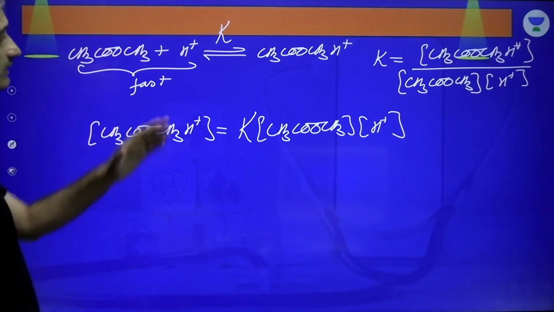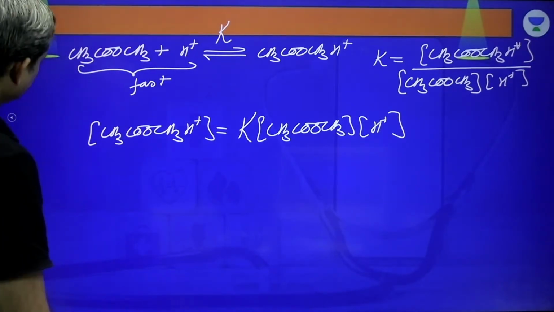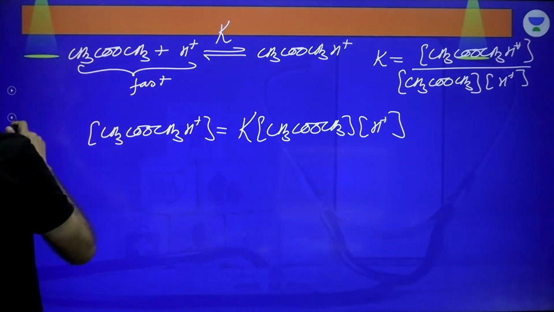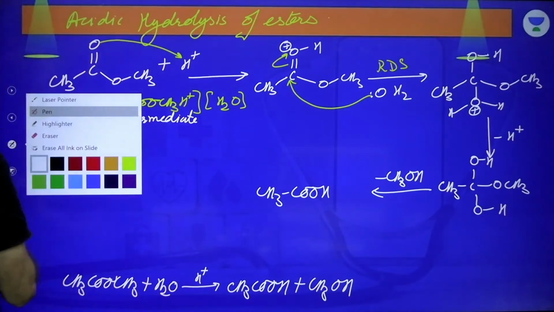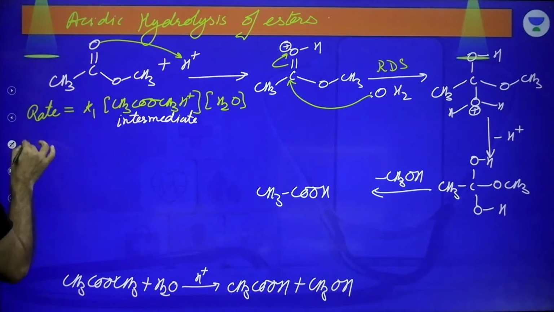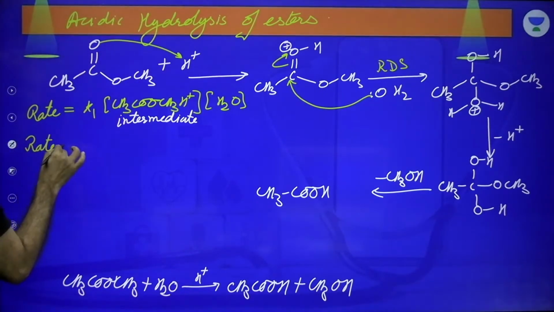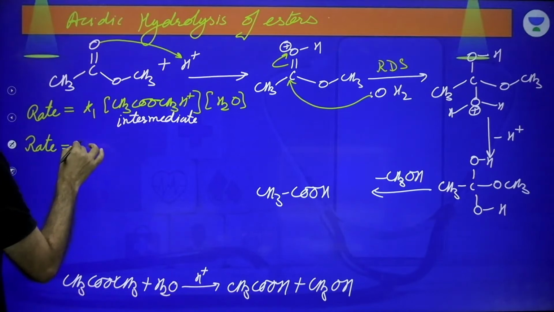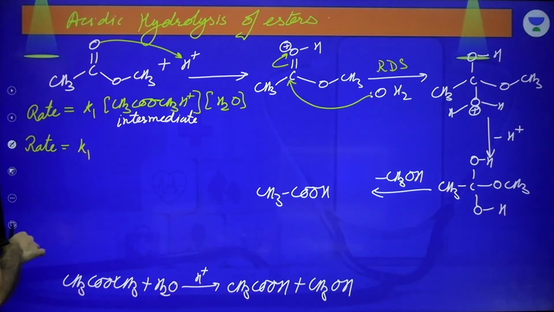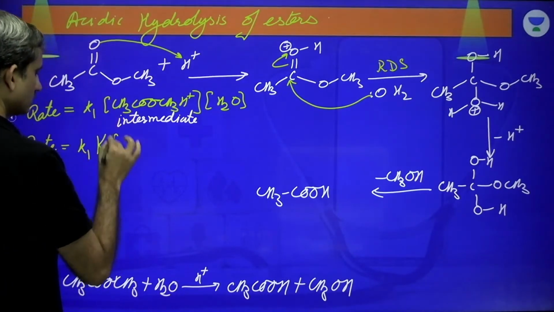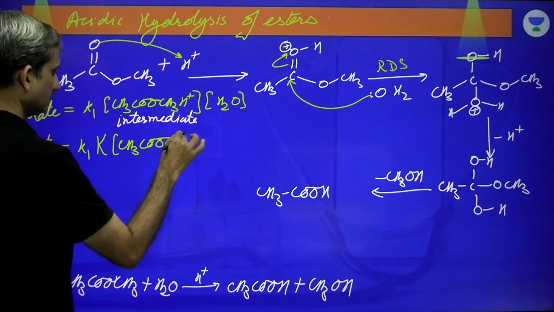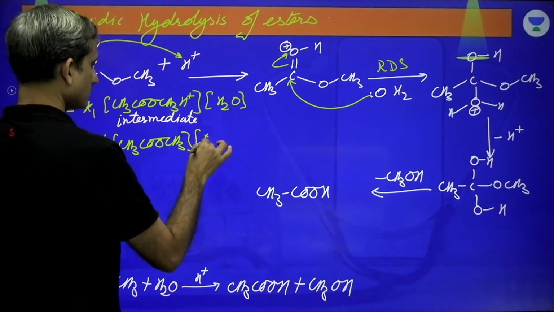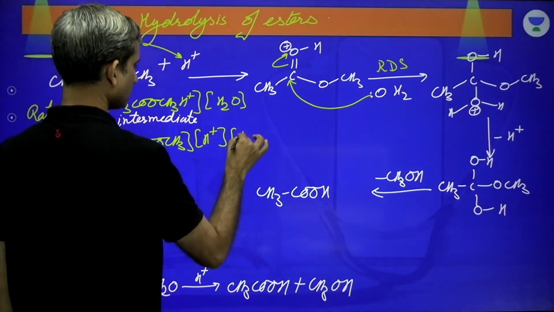So that's what we have as the equation. So we can substitute it here, and we get rate is equal to K1 K into concentration of CH3COOCH3 into the concentration of H plus into the concentration of H2O.